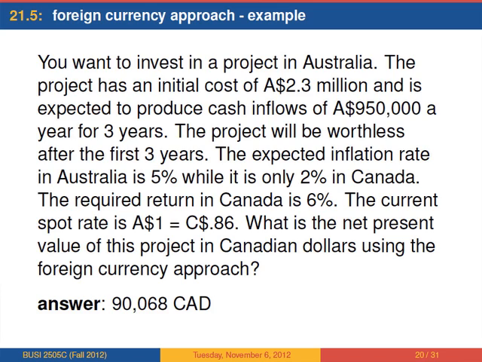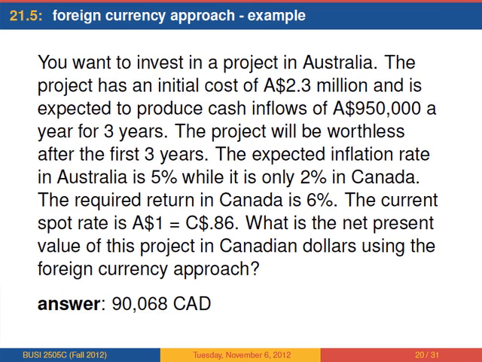But in most questions, it just tells you what they are. So the cash flows in the foreign currency are minus 2.3 million AUDs to start, and then plus 950,000 AUDs each year for 3 years. And then the project will be worthless after the first 3 years, meaning there's no salvage after that. So it's not a perpetuity. It's just an annuity of 3 years.